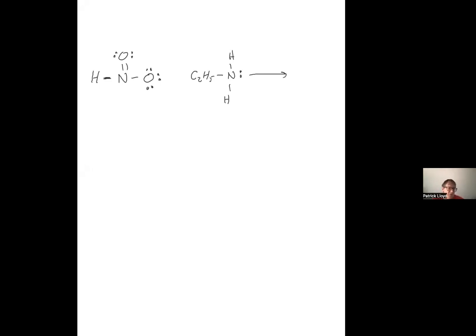Okay. So then on your product side, you got your nitrite ion. There's a negative here. That one is not the one we're interested in because there's no new bonds there. But we are interested in the second one, which is C2H5.